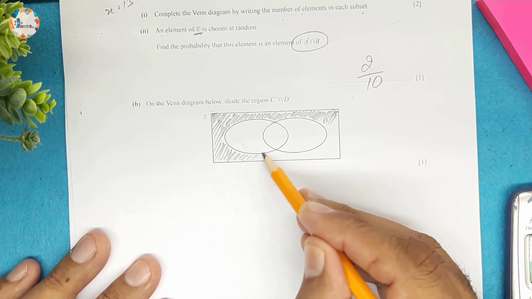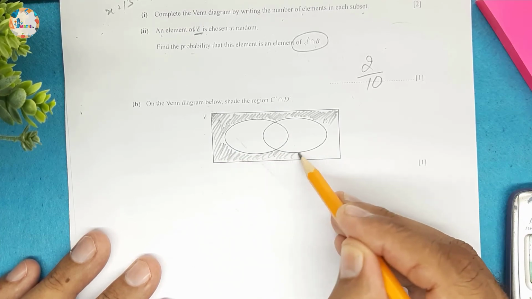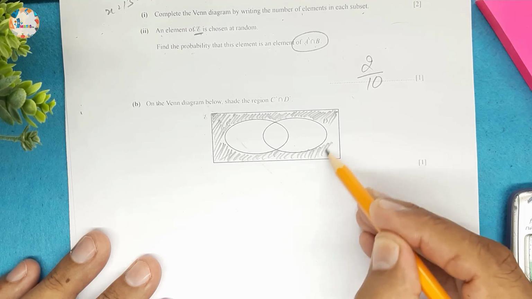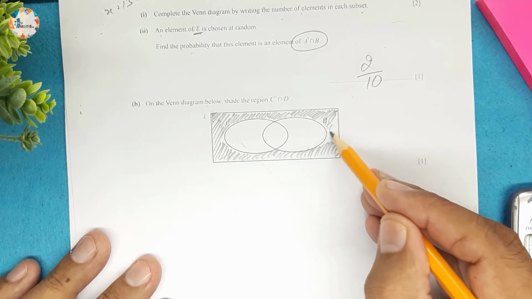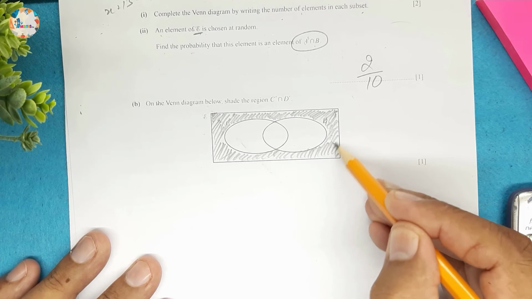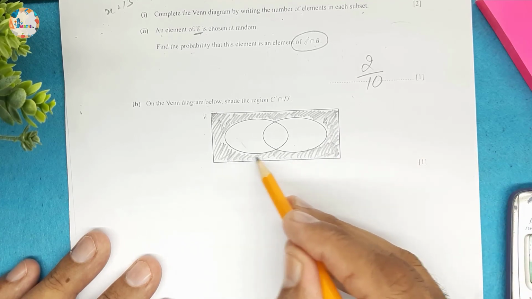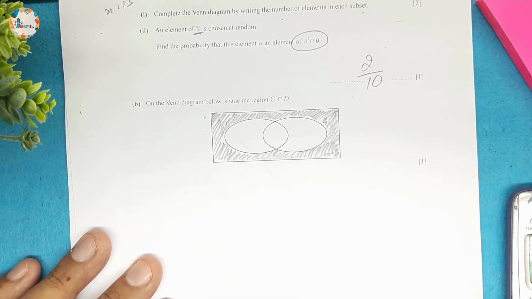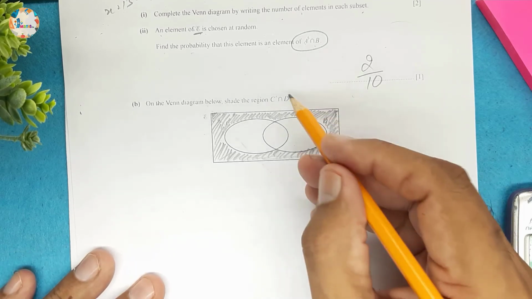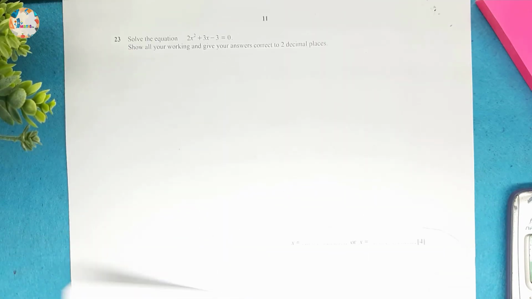So this is the required region which we can shade.